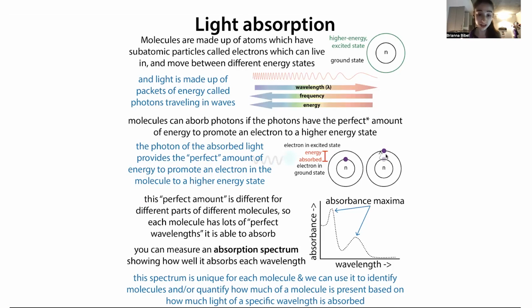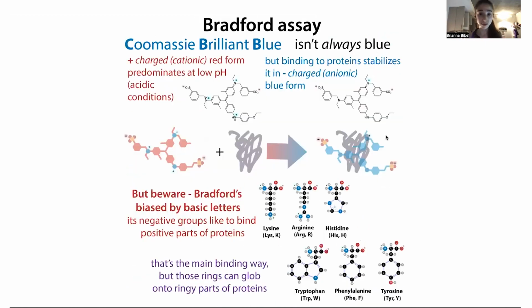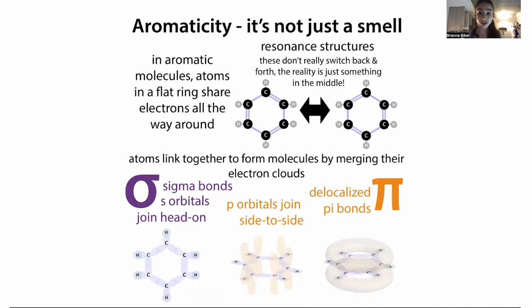And so, for example, in the case of the Bradford assay, the dye is going to get stabilized in a different charge state, and this is going to change what wavelength it likes to absorb. And for technical reasons that I'm not going to get into here, molecules that have a bunch of rings have this thing called electron delocalization, or conjugation, or resonance.